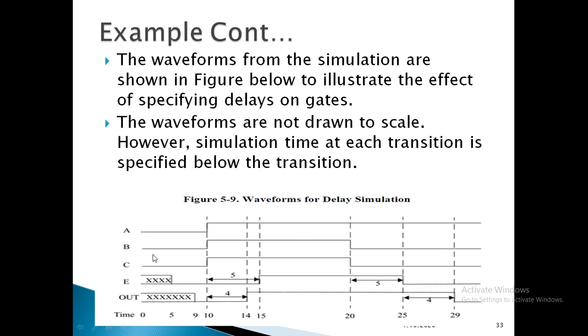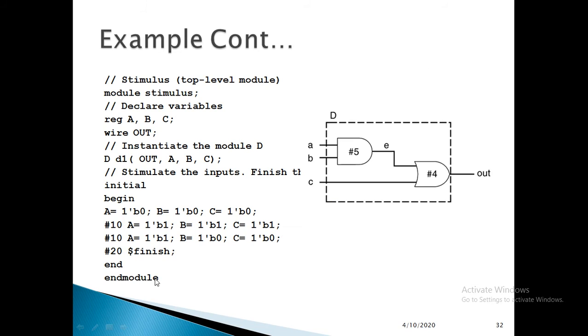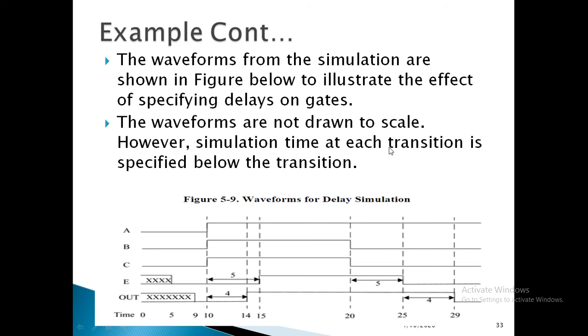Here B input is the same as A, but it goes to 0 at time unit 20. Here C. Here you see that E has the X value, or unknown value. Don't confuse this small e with this capital E. This is the same.